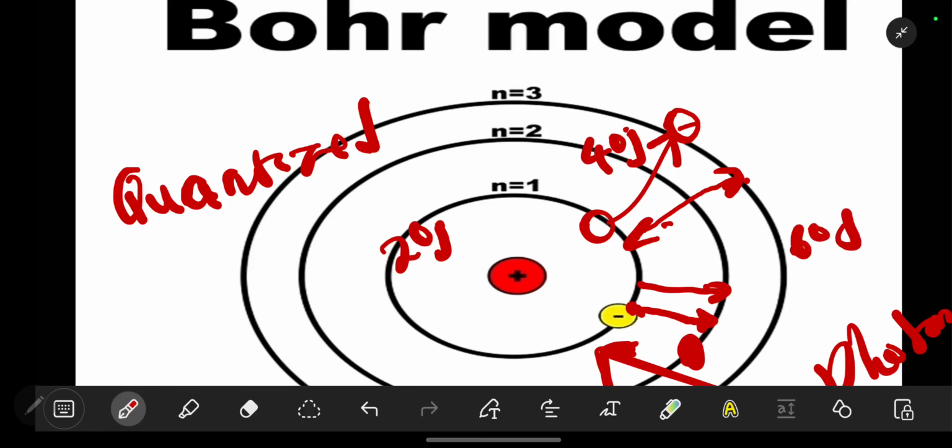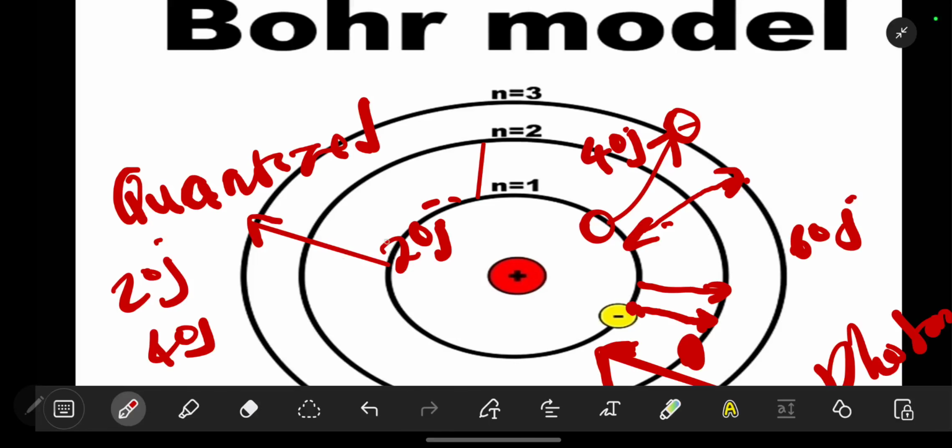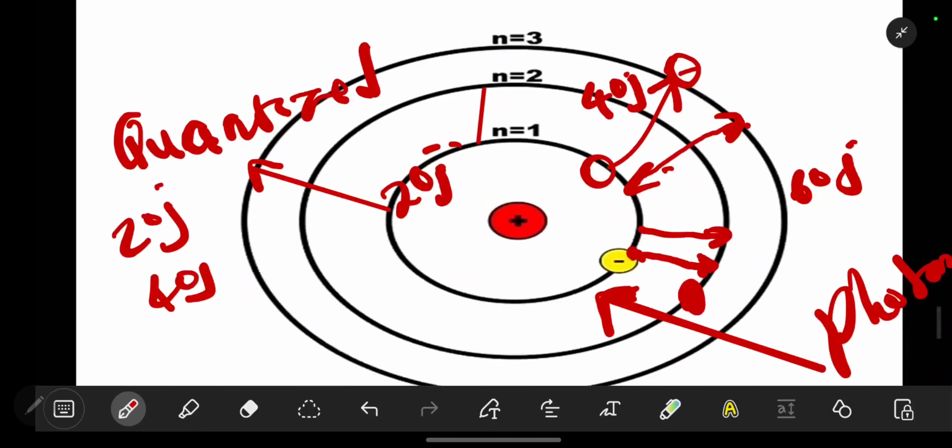The electrons here will have an energy of 20 joules. If there is a gain of 20 joules again, it means there will be an addition to 40, so an electron will jump to 40 like that. But if there was a gain of 40 joules here, it will jump there, so the energy difference is actually the jump. So that is what we mean by the energy is quantized, the jump is quantized.